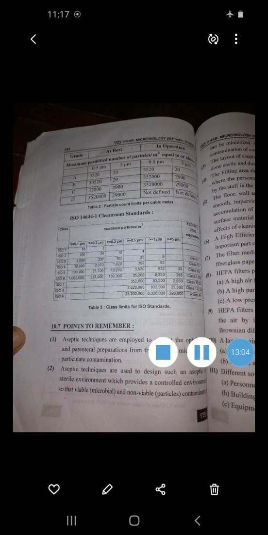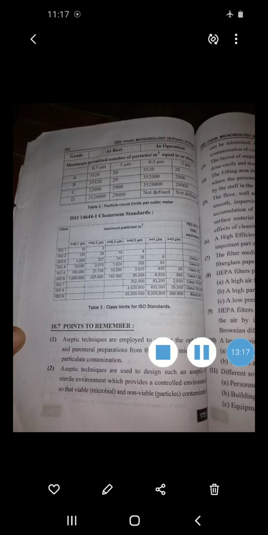Then dipotassium hydrogen phosphate 20 gram, then potassium dihydrogen phosphate 80 gram, and pH it is 6.0 plus or minus 0.1. Then dipotassium hydrogen phosphate 35 gram, no use of potassium dihydrogen phosphate, and the pH is adjusted after sterilization to 10.5 plus or minus 0.1.